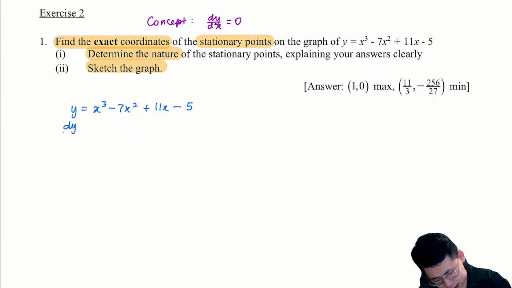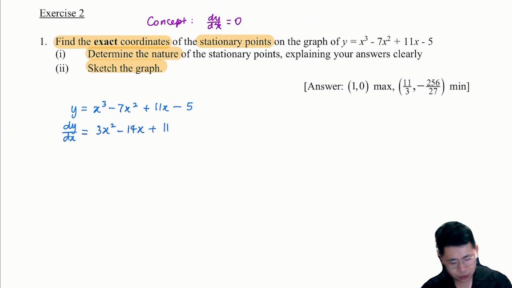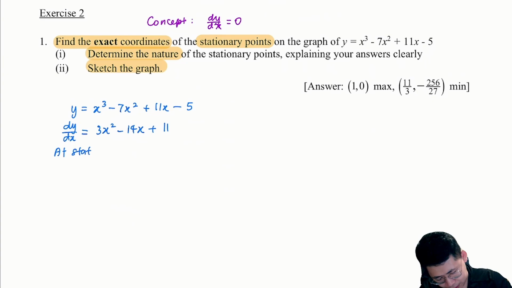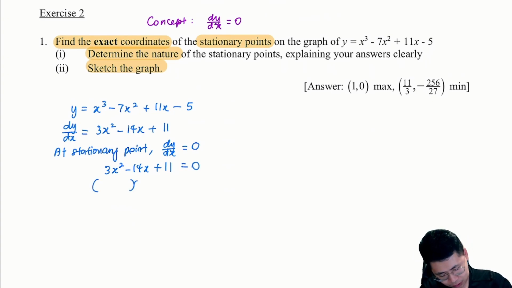Differentiate this: bring down the power, minus 1, and I'll get an expression like this. At the stationary point, your dy/dx will be equal to 0, so we set this expression equal to 0.